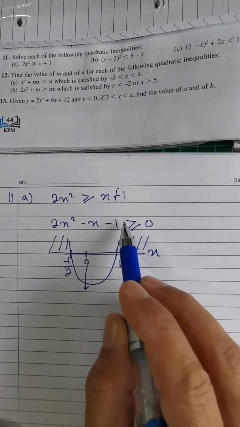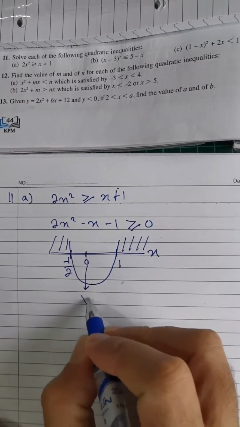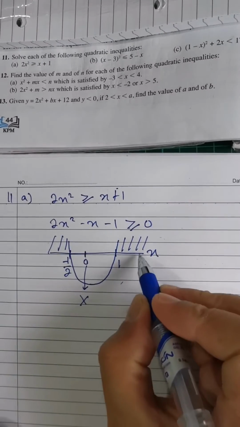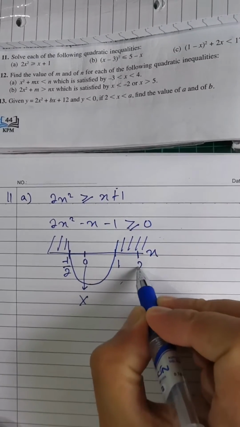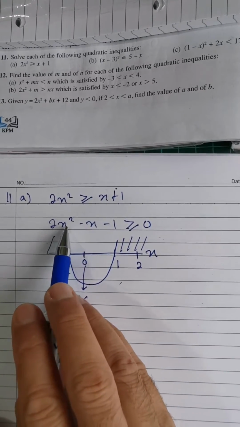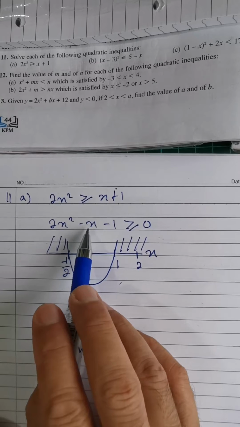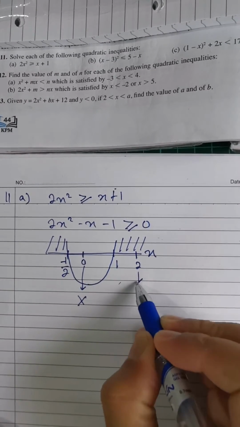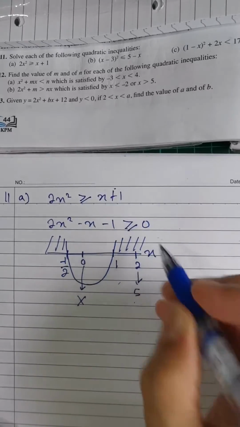So -1, is it larger than 0? No. Okay, and then we can try 2. Replace 2, you get 2 times 2 squared will be 8, minus 2 will be 6, minus 1 will be 5. Is 5 larger than 0?